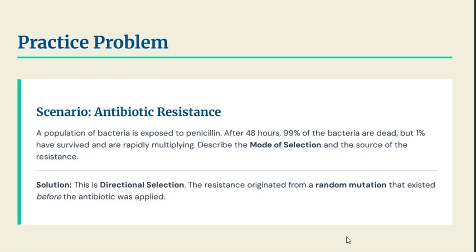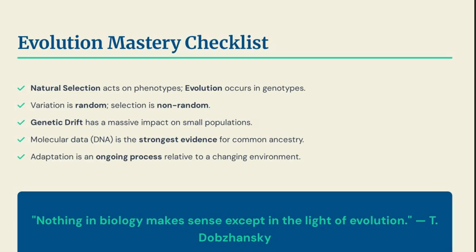So we're gonna move on to the conclusion about how natural selection acts on phenotypes, but evolution occurs on genotypes. And adaptation is an ongoing process relative to a changing environment. It doesn't happen to one animal, but the whole species.